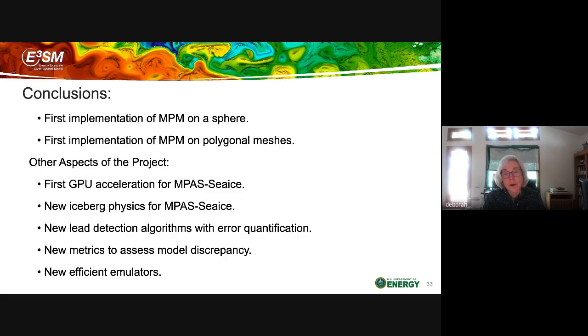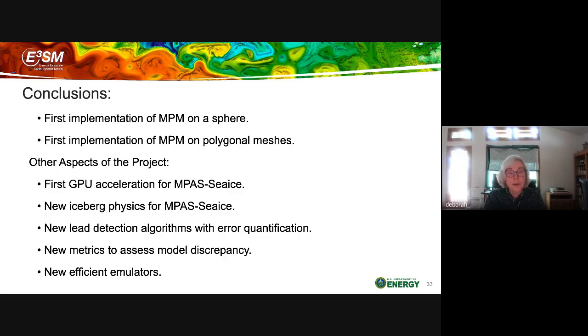Because we have this Lagrangian material point method, we can actually add icebergs into our model, and we've done that. So we've added new iceberg physics. We're working on lead detection algorithms for doing error quantification with our elastic decohesive model. So that's taking satellite images and processing to try to identify locations of leads for comparison.